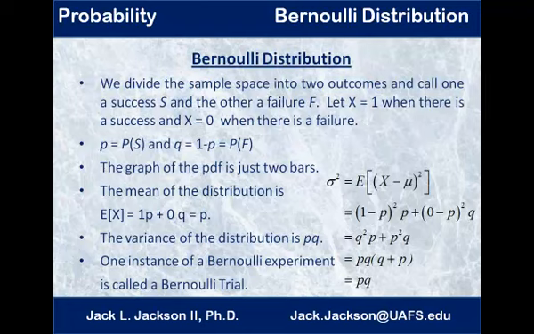And the mean of the distribution, well, let's go ahead and figure that out. Remember, the mean of the distribution is the expected value of x. That is, you take the x value times the probability of that x value for all the different values of x and add them up. Well, we just have two things here, so it's pretty easy.